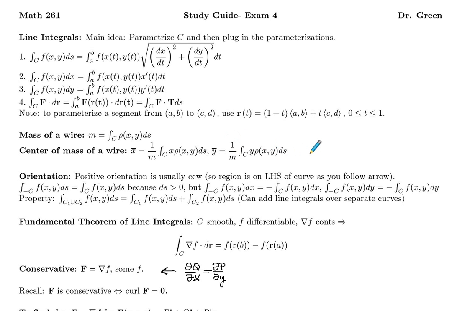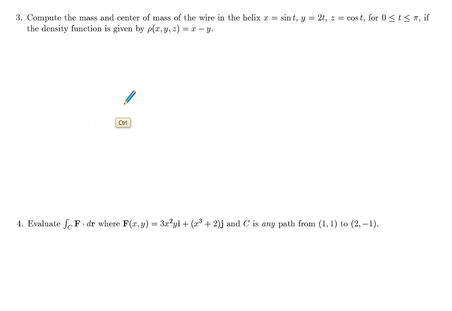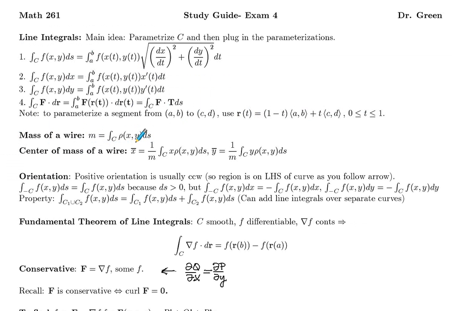And if we've got a curve in space, z-coordinate would be 1 over mass integral of z times rho. Okay, so these are the formulas that we need. Let's go ahead and bring these guys over. Okay, so first we're going to need mass, and then we're going to need our x bar, y bar, and then eventually z bar.